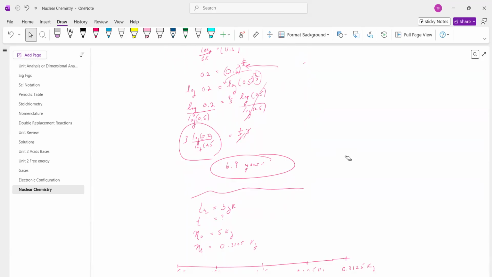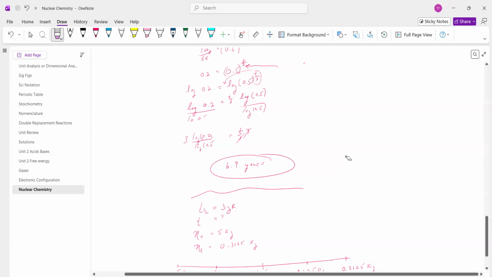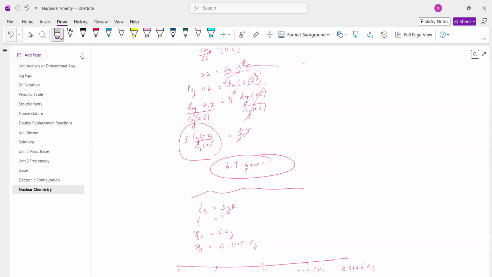All right, so the way I would do this, you're saying, how did I work this problem here, right? Okay, so we have 3 log 0.2 over log 0.5, and that equals t.